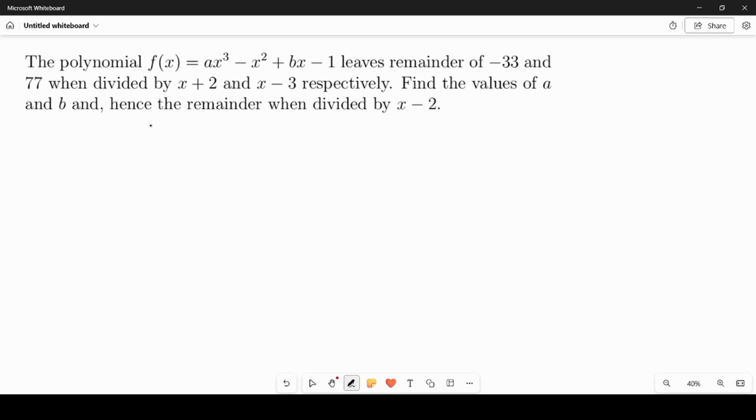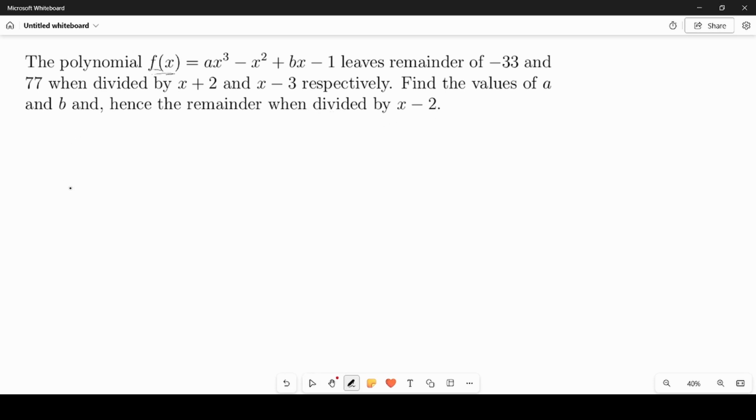So this means that when you divide this function by x plus 2, you get the remainder of negative 33. Then when you divide by x minus 3, you get the remainder of 77. So the question is saying find the values of a and b, and hence the remainder when divided by x minus 2.